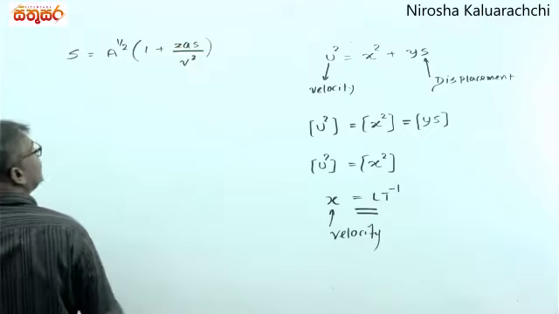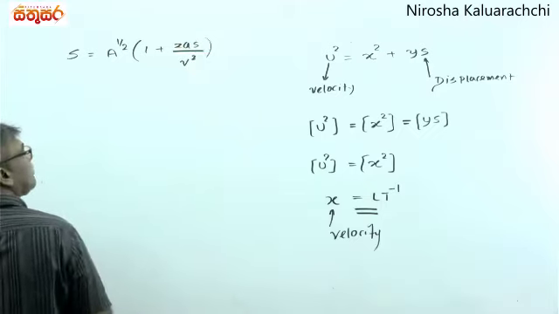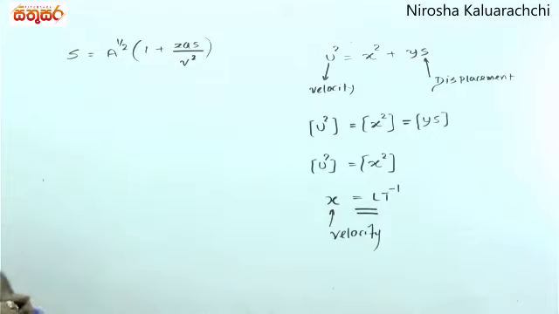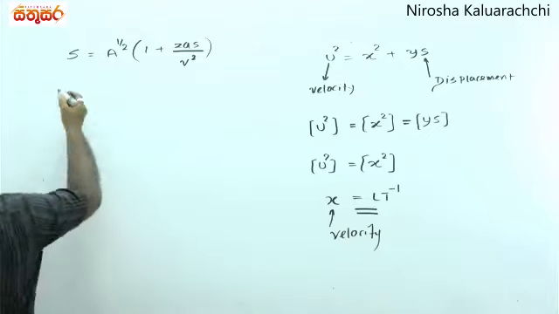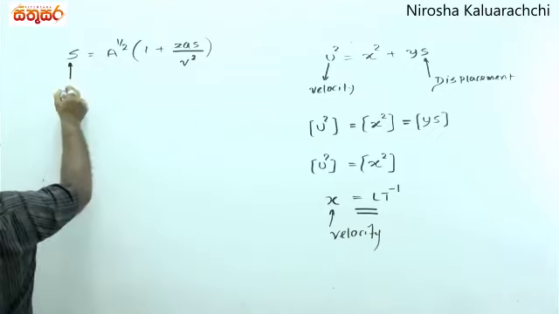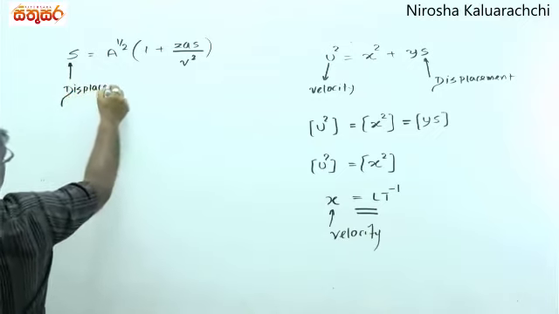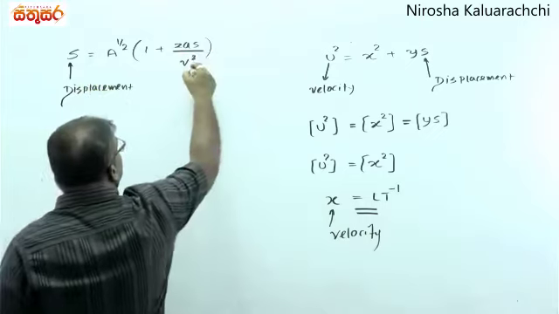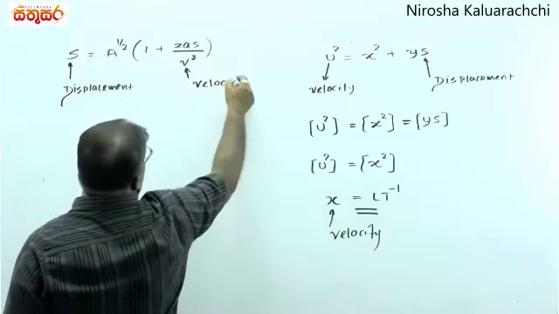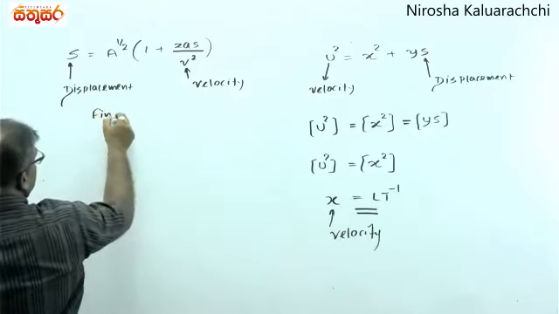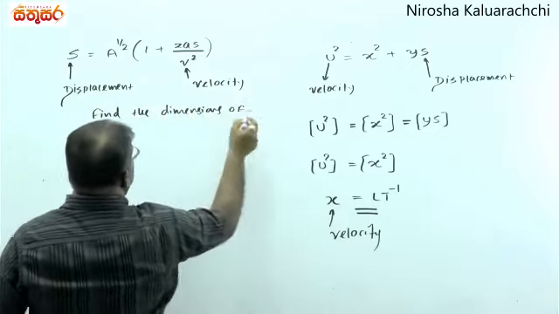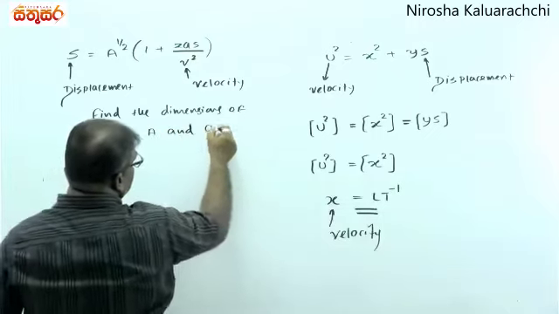S equals capital A to the power of half, bracket 1 plus 2as divided by v squared, where S is displacement and v is velocity.